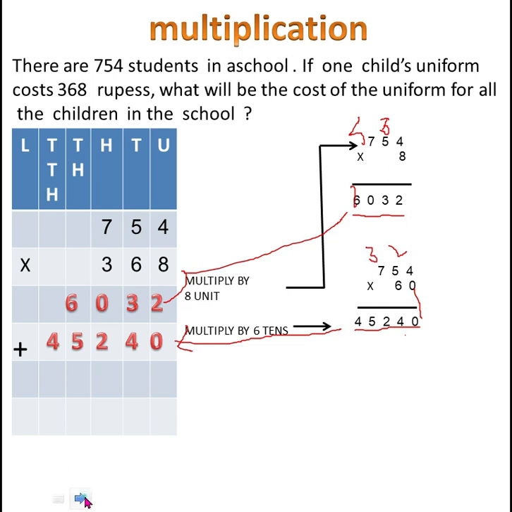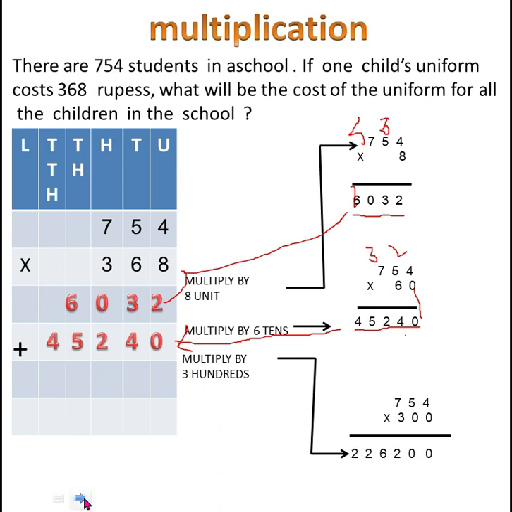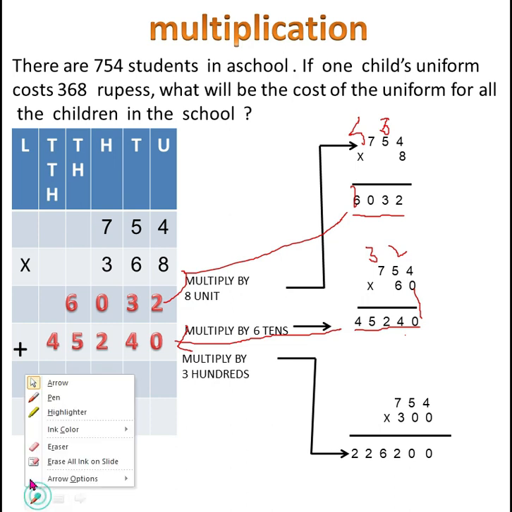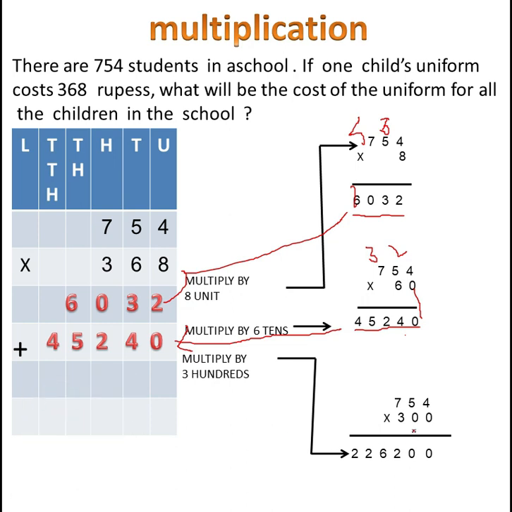Then I multiply 754 by 300. Then I will get 2,26,200. We will solve this example. First I put this 0 below here. Then the remaining 3.